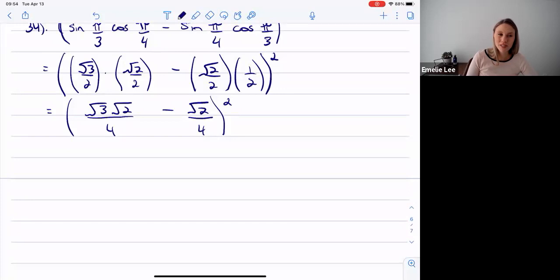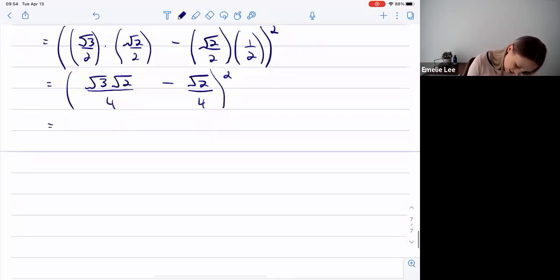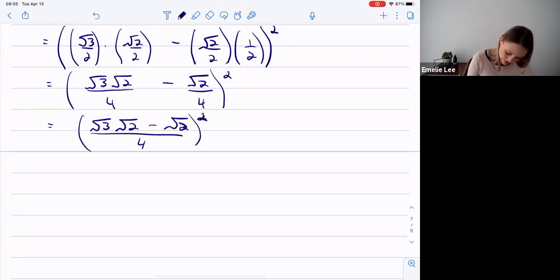I have a common denominator, so I'm allowed to go ahead and combine. So I have √3 times √2 minus √2 over 4, and then I need to square that.